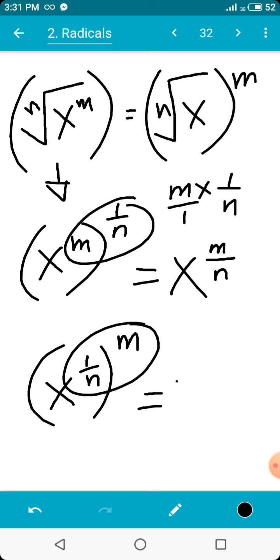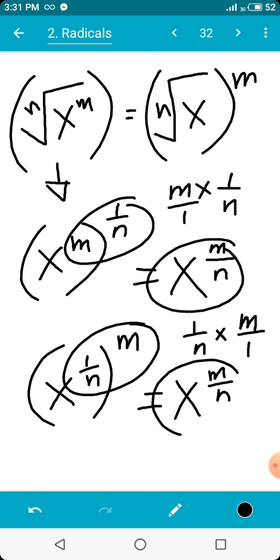So, this time, it will become 1 over n times m. So, magiging over 1. So, ang mangyayari lang is 1 times m, that's m. N times 1, that's n. Alright? So, same lang din yung magiging sagot natin kung i-rewrite natin sila. Kaya, yan yung rule number 3 na equal lang sila kapag ganito yung sulat mo or ganito.